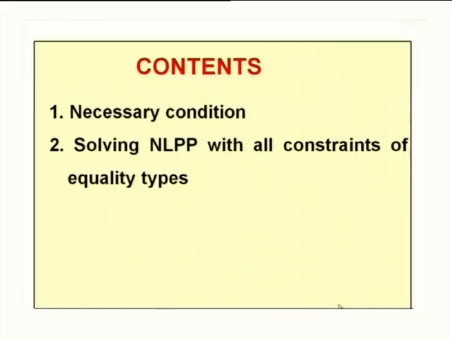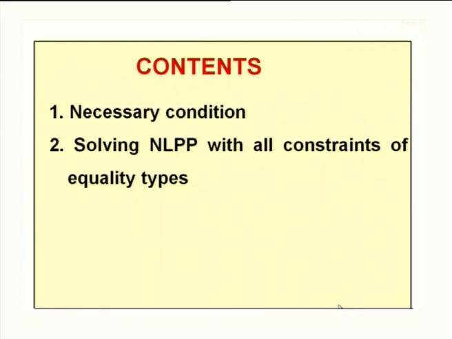Welcome you all for UGC lecture series in mathematics. In today's session, we shall deal with the problem of constraint optimization problem. That means, we are interested in solving a nonlinear programming problem in which all the constraints are of equality type.